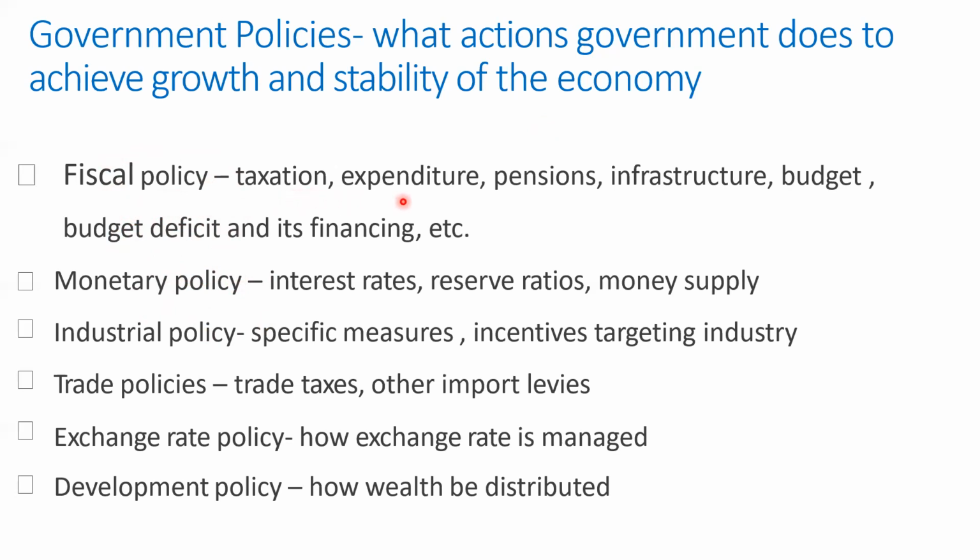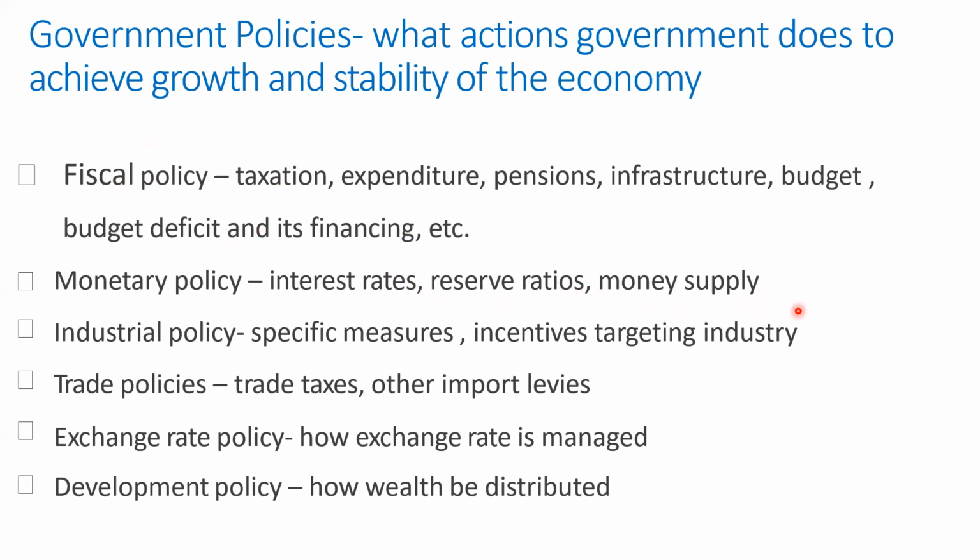Taxation, expenditure, pensions, infrastructure, budget deficits, its financing, etc. all come under fiscal policies. Then monetary policies means we are applying some other methods to control the economic growth. Interest rate, reserve ratios, money supply.